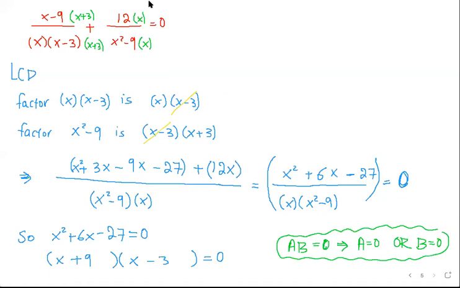Like Angel said, x plus 9 equals 0. We subtract 9 from both sides, x equals minus 9. Or x minus 3 equals 0, so x equals 3. This is my first answer, this is my second answer.